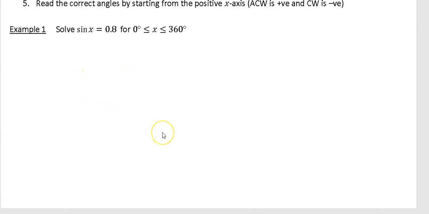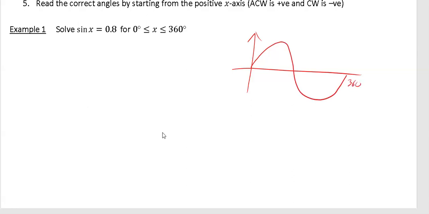If I do a diagram here to show, there's my sine graph from 0 to 360 degrees. There's 360, there's 180, and there's 0. So if we had 0.8 here, you could go across, and there are two x values, this x value here and this x value here, that would give you sine x equal to 0.8.